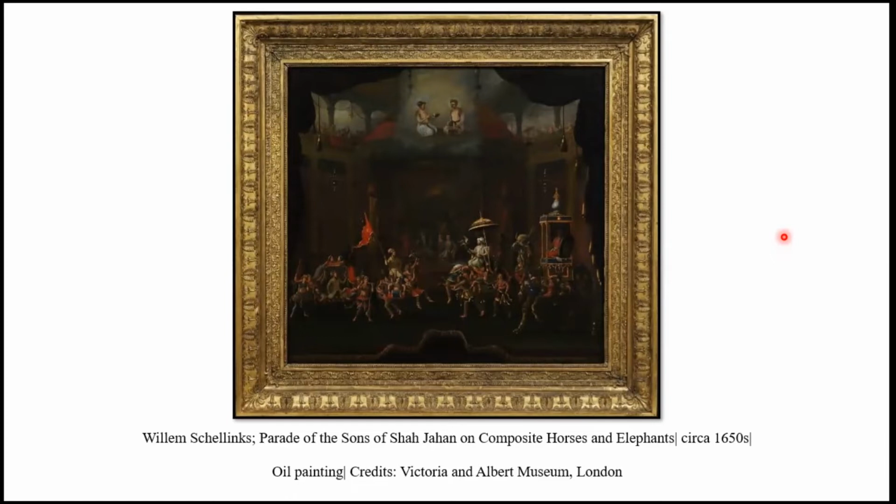We also have the Dutch artist Willem Schellings, who created two oil paintings depicting Shah Jahan's four sons riding on composite mounts. In both paintings, three sons are seated on a composite animal, and one is seated in a composite palanquin. These three are seated on composite animals, and this particular one is seated in a palanquin.